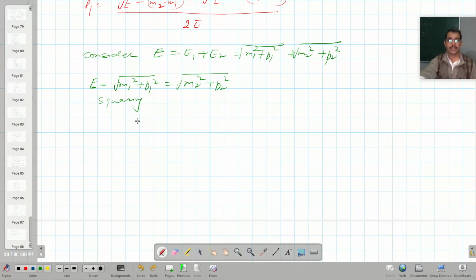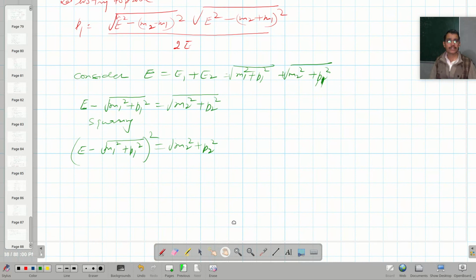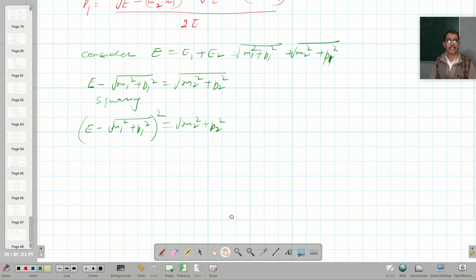so if I take square on both sides, how I can write down, it is (E minus square root of (m1 square plus p1 square)) whole square is equal to m2 square plus p2 square. Sorry, it's not p2, it's p1. Let me check it. Yeah, it is p1, as I have talked about it earlier.